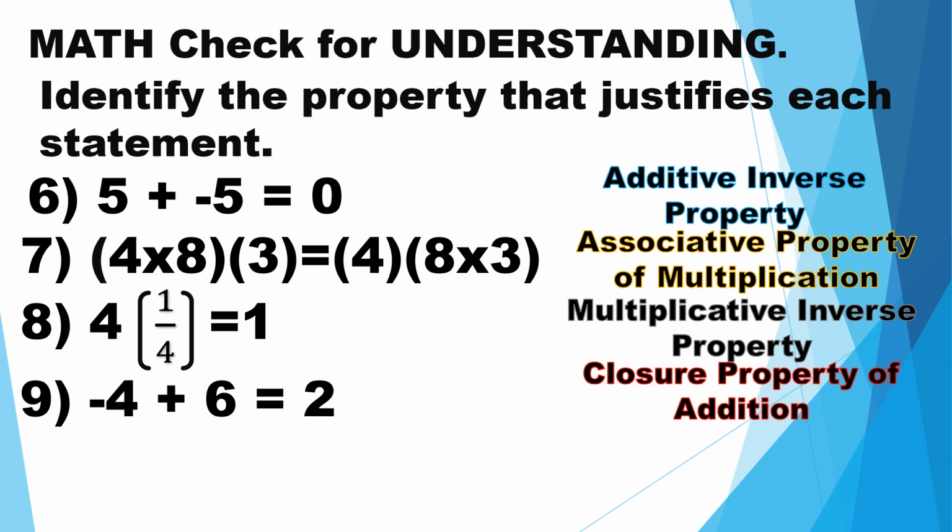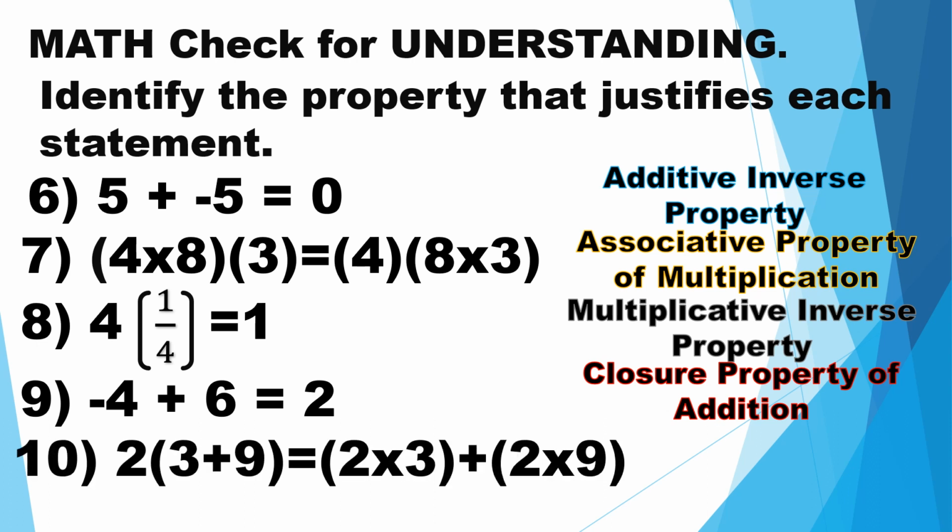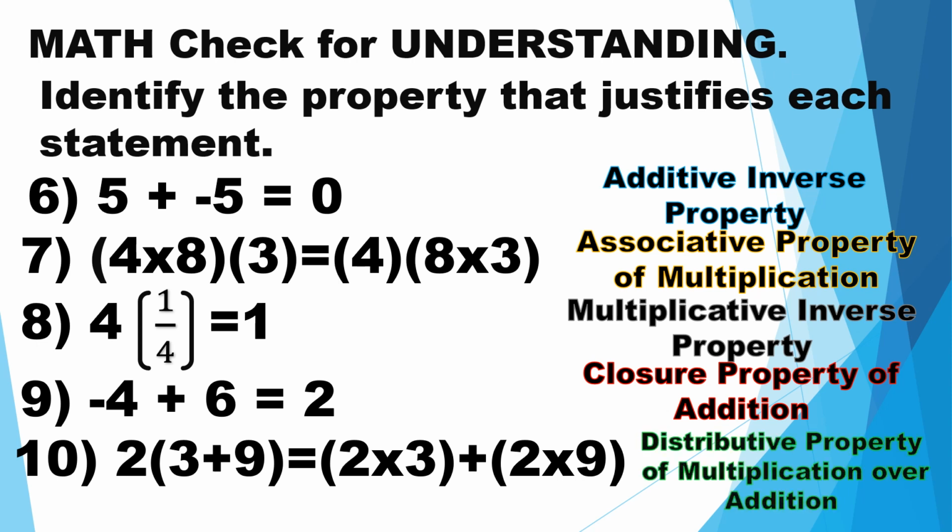That is closure property of addition. Number 10, 2 times the quantity of 3 plus 9 is equal to 2 times 3 plus 2 times 9. That is distributive property of multiplication over addition.